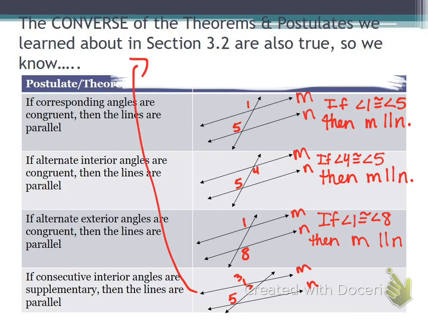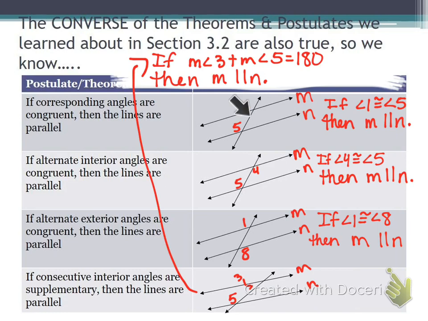So if the measure of angle 3 plus the measure of angle 5 equals 180, then I know that M and N are parallel. And again, we didn't have to use angles 1 and 5 for corresponding. We could have used another pair of corresponding angles. Same with all the rest of them. There are other alternate interior, alternate exterior, and consecutive angles that we could have used to do these.